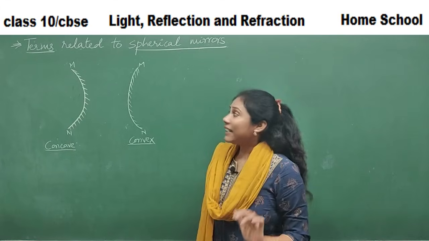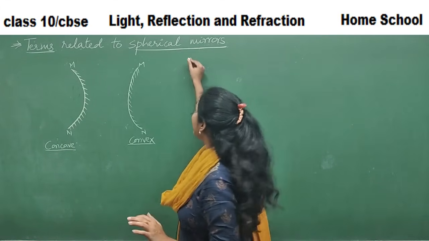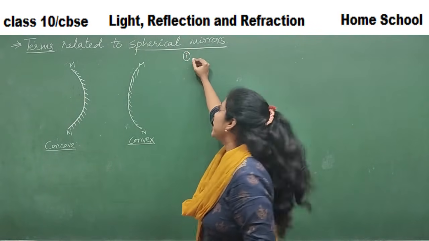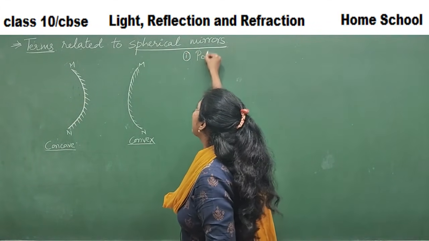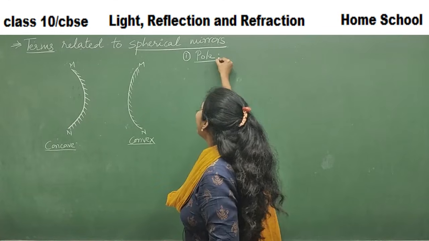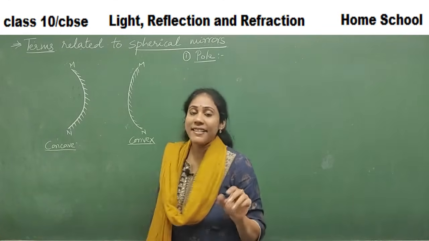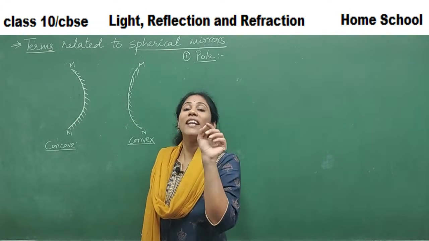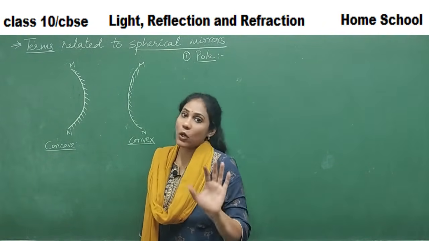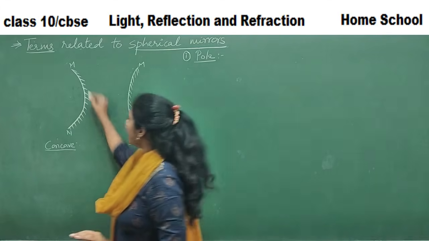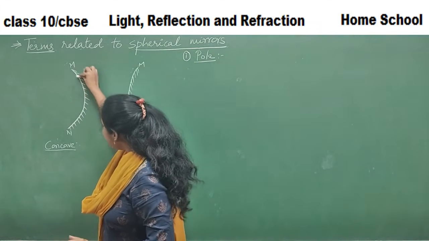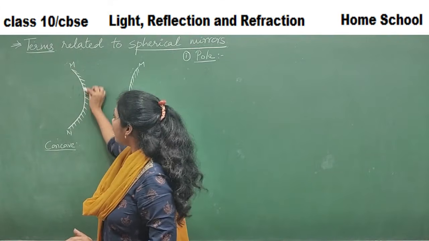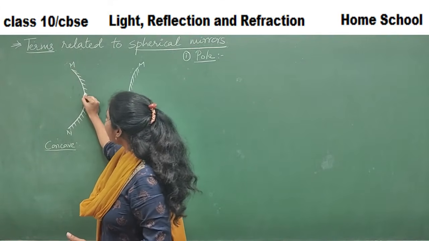Now let us speak about the terms. The very first term that is very important to understand is pole. What do you mean by a pole? The center point of a reflecting surface is called a pole. Say here MN, this much length is there for reflection. So this is our reflecting surface. Which is the central point?